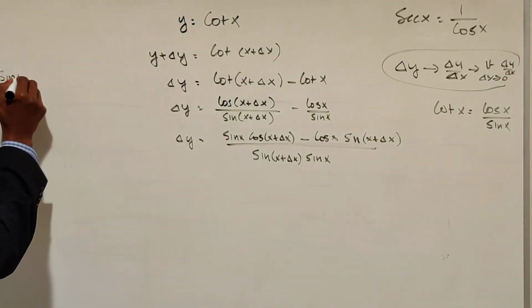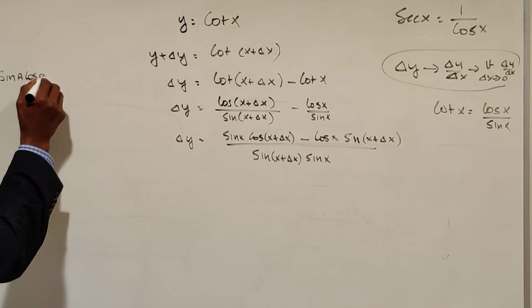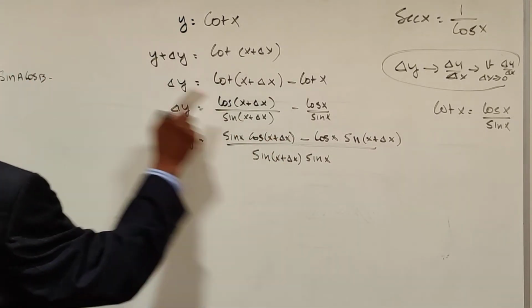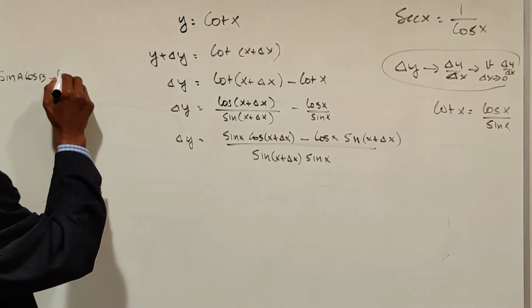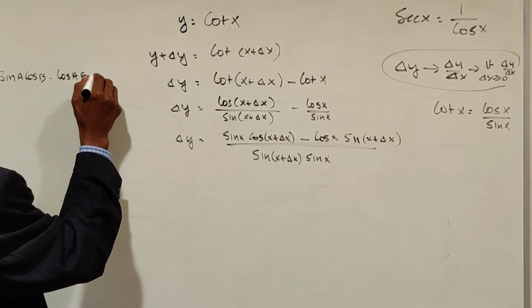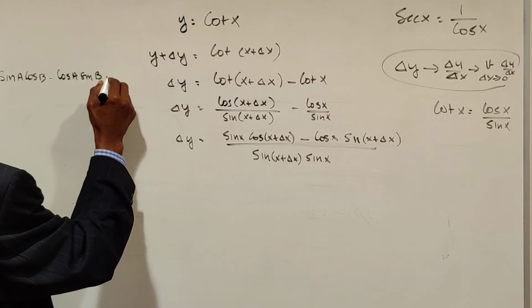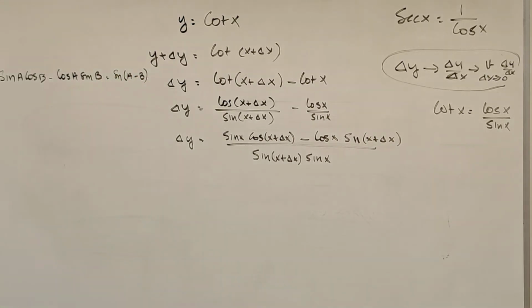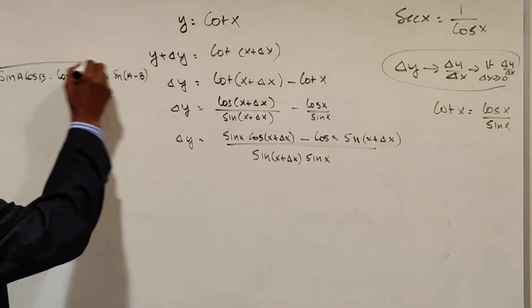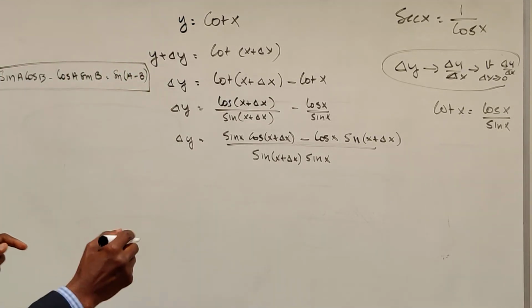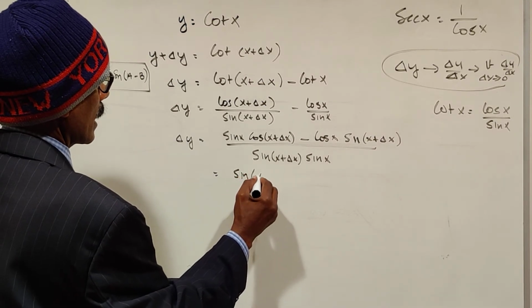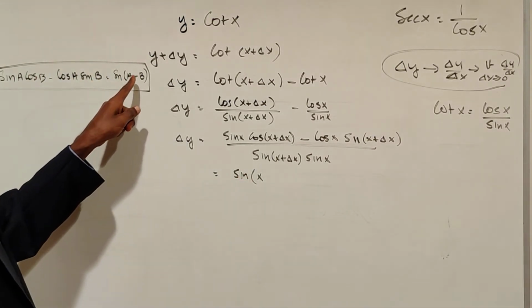See, sin A cos B minus cos A sin B, that is a formula. Sin(A minus B), that is a formula. Just apply that formula here. So this one is sin(A minus B).